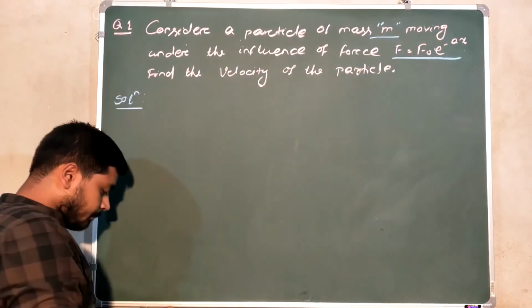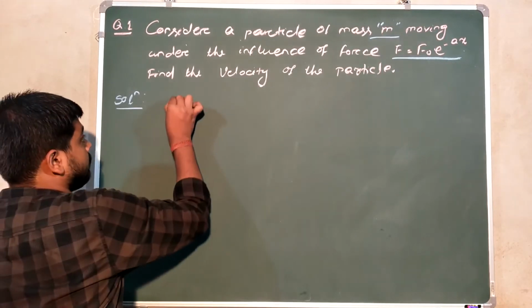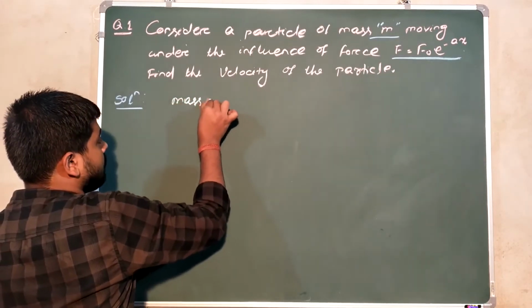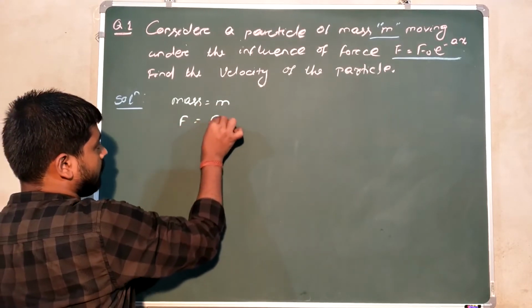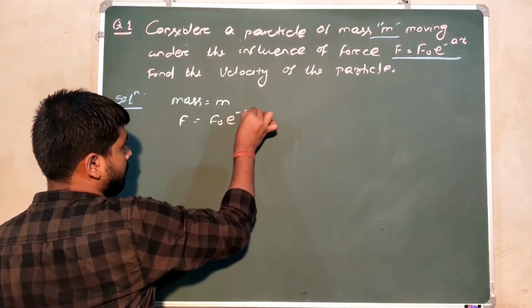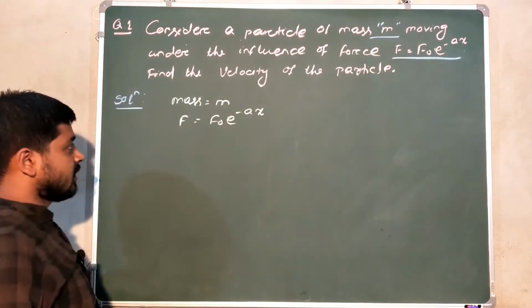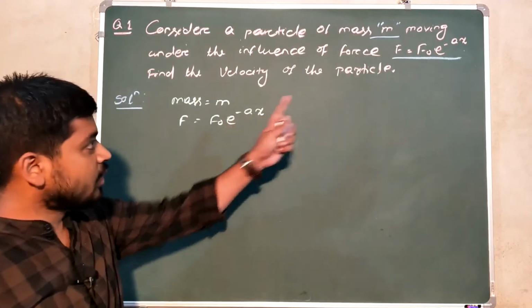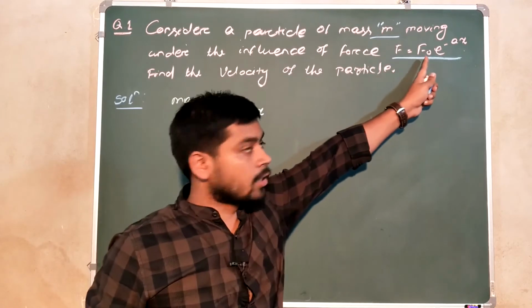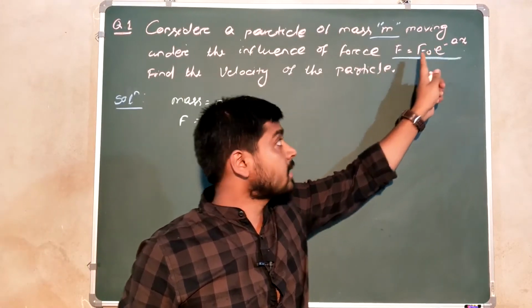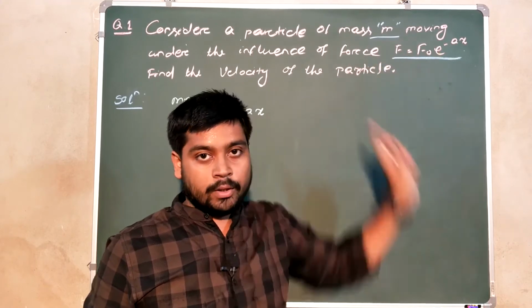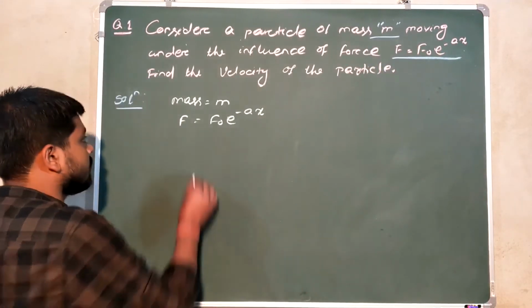First one, mass of the body is small m. Then force F equal to F naught e raised to minus ax. Just see here, this is the position dependent force. F naught is the constant value, and the exponential function depends upon x. That means this force depends upon position only. Now start the problem.